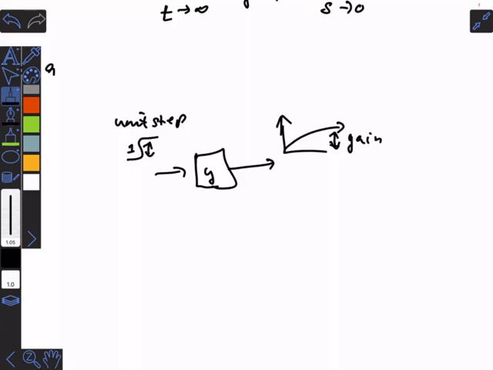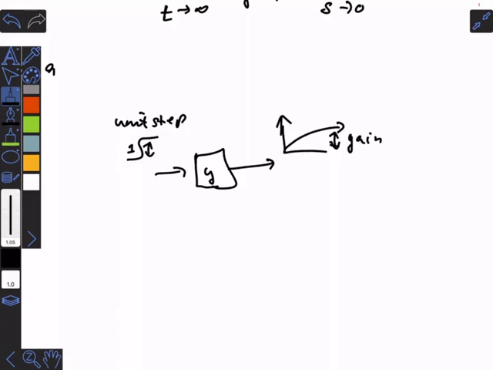This should be super familiar from CPN. If I have a transfer function, g, and I subject that transfer function to a unit step input, the eventual value of the output from that function will be the gain of the transfer function. Is everybody still with me?